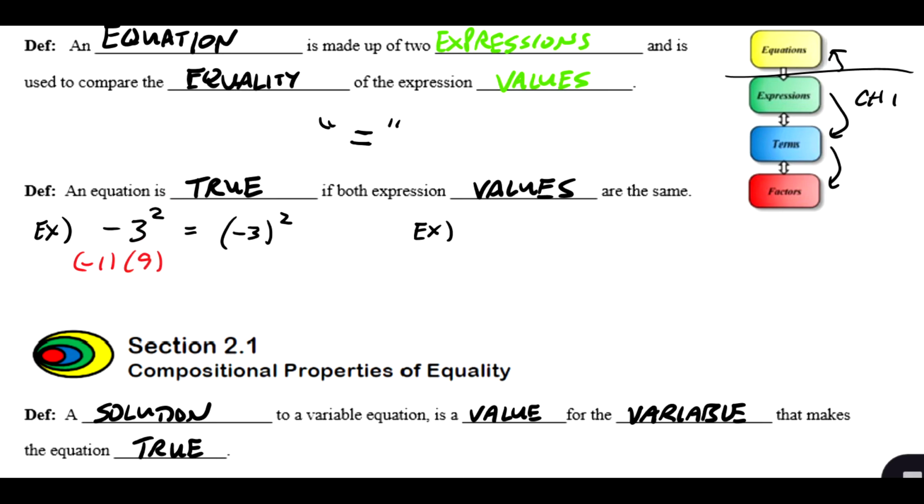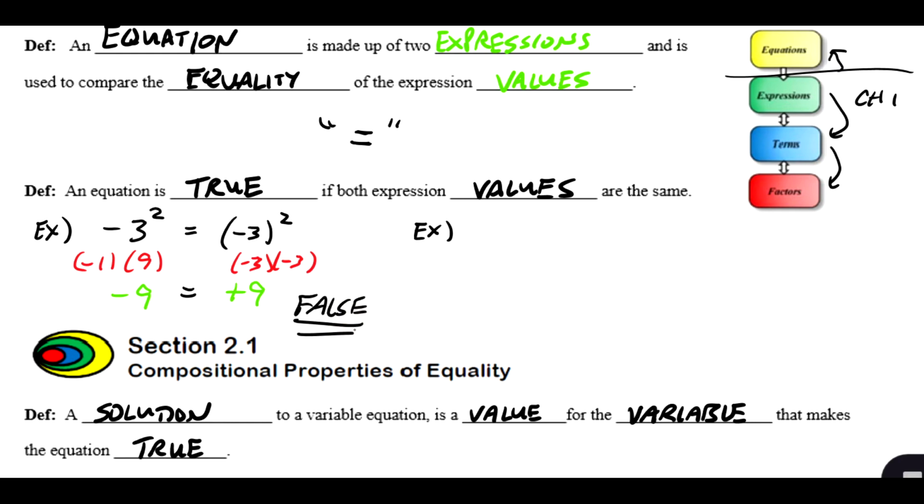So the expression value is negative 9 on the left side. On the right side, because of the parentheses, we realize this is two factors of negative 3, and when we multiply those together, we get positive 9. So in this instance, the values of the expressions are not the same, so this equation is false.